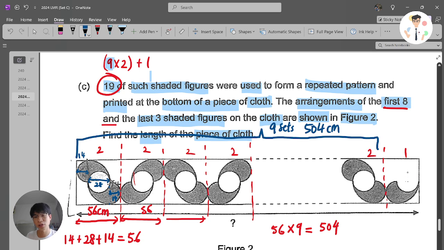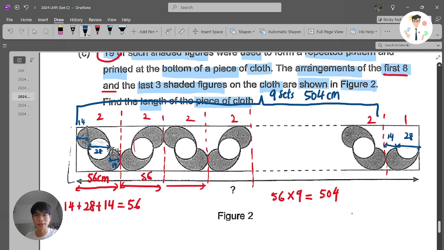And now I just need to add back the last part, then I'll be able to find the length of the cloth. So how to find? Again, here is what? 14. Here is what? 28. So basically my last step is 504 plus 14 plus 28.